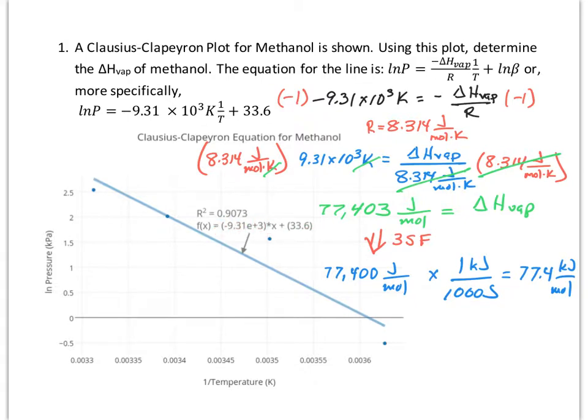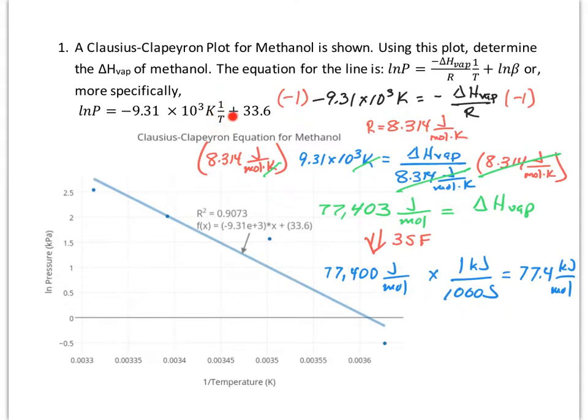Okay? So knowing that the Clausius-Clapeyron equation, the linear form is this, we can translate this theoretical equation into this, that the natural log of the pressure is equal to this value of the slope. The units of that slope are Kelvin, for the reason we showed you before.